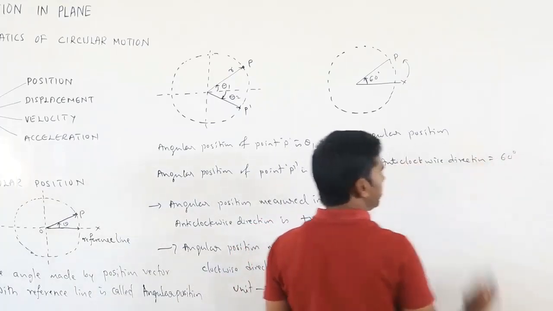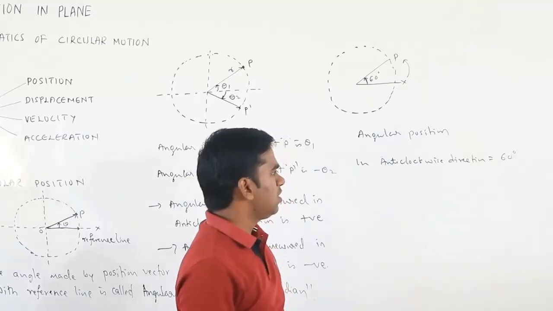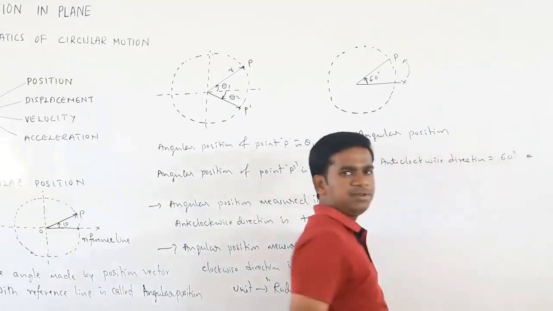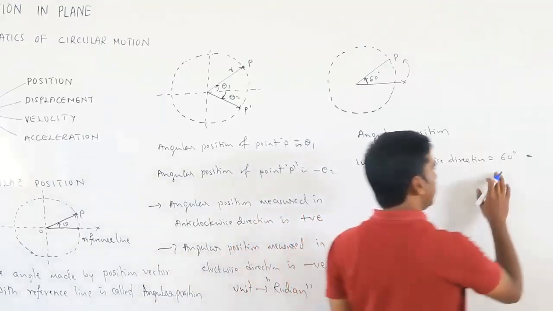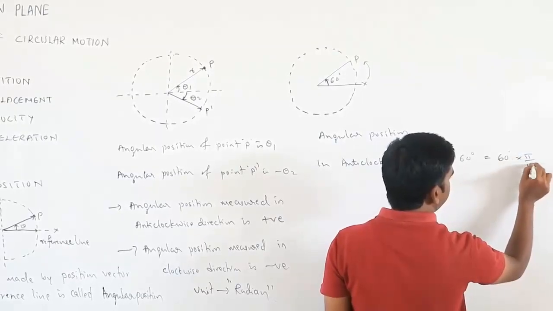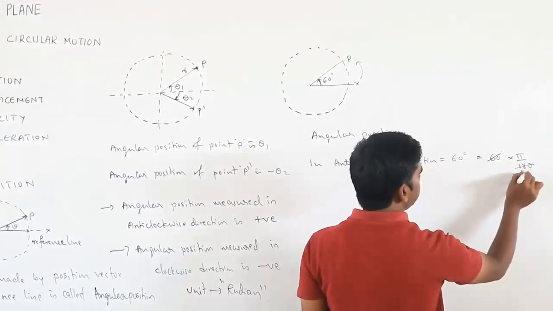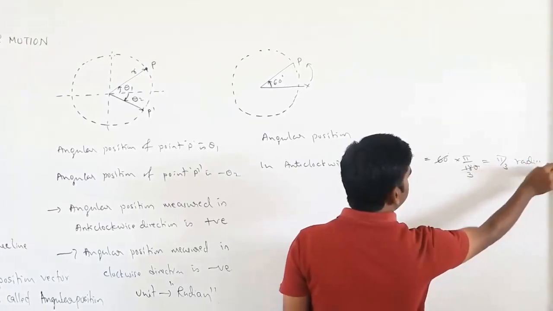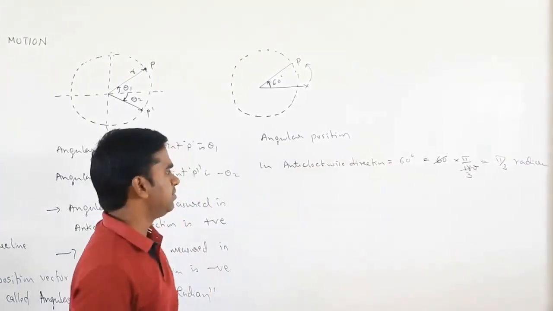You can just call it 60 degree, or if you want to write it in radian, you must have studied in your mathematics, to convert into radian you do 60 degree into pi by 180. So 6 ones are 6, 6 threes are 18, so this will become pi by 3 radian.